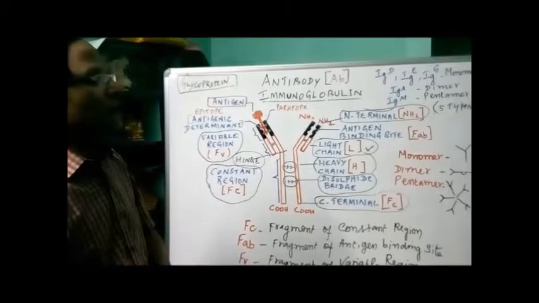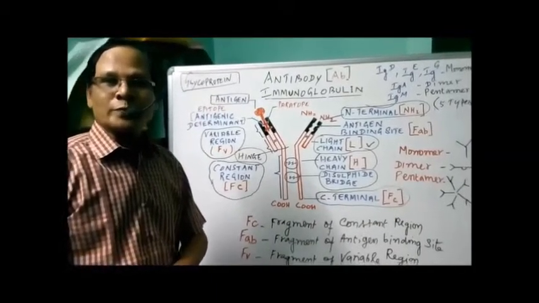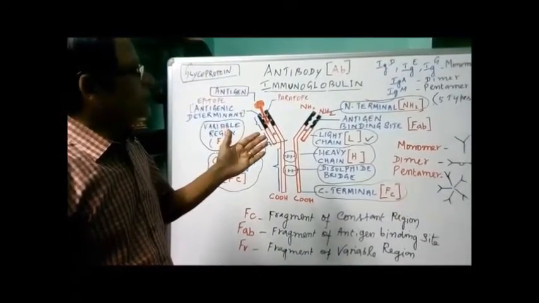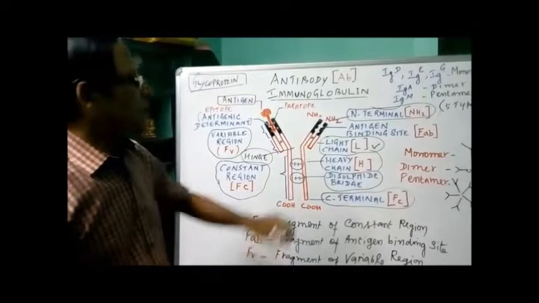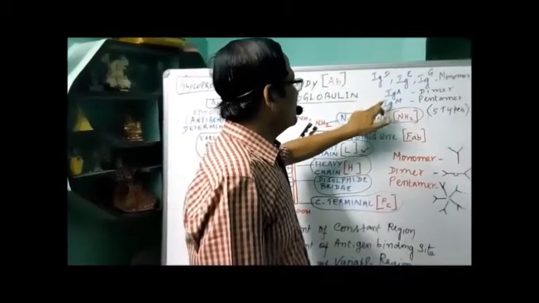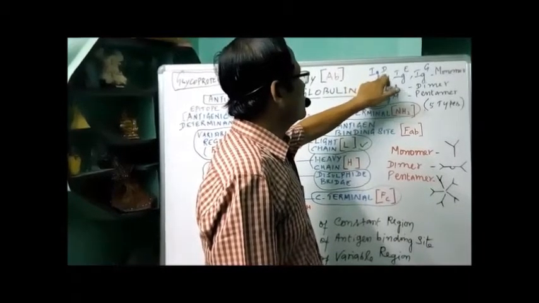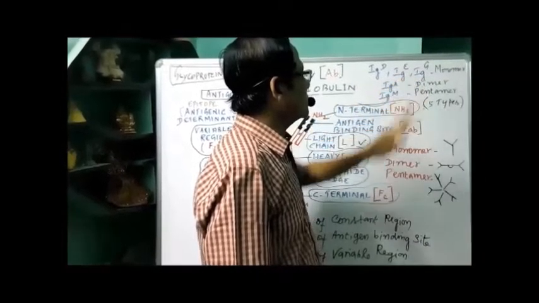On the basis of physiological and biochemical properties, the antibodies and immunoglobulins are classified into 5 different types: IgA, IgM, IgD, IgE, IgG.